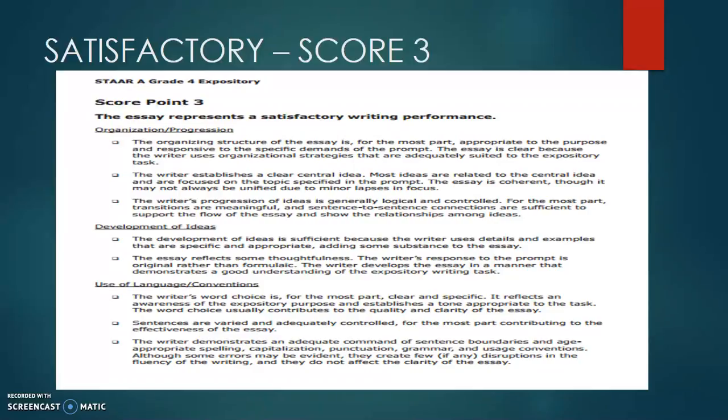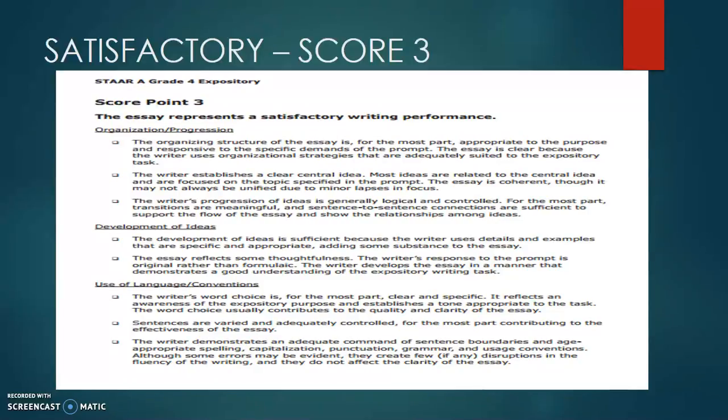The essay is clear because you use an organizational strategy that's well suited to the expository task. So that means that you've organized it correctly and that you are writing on the prompt. Okay? The writer establishes a clear central idea.